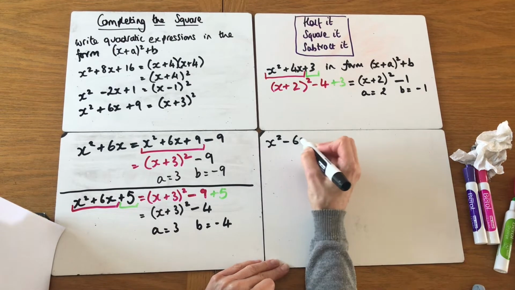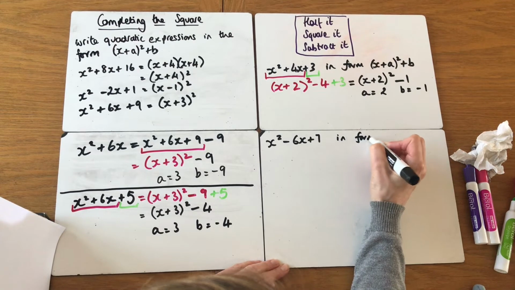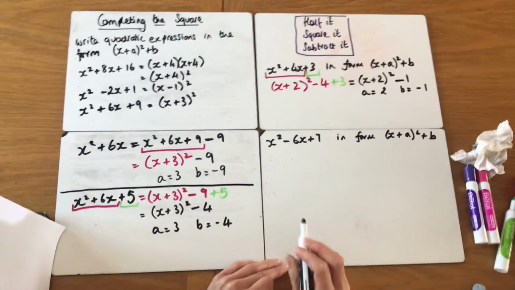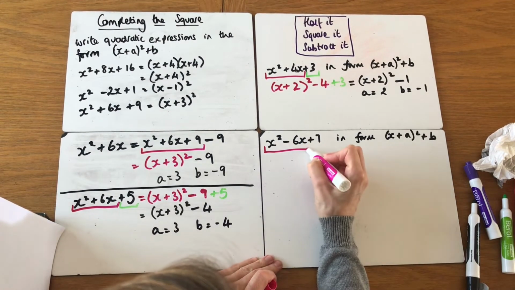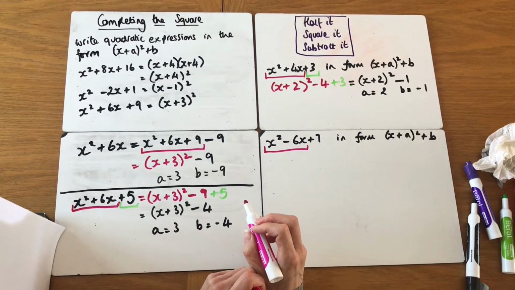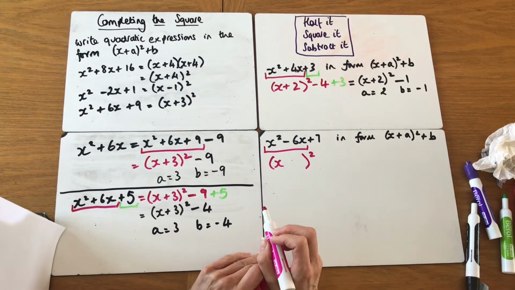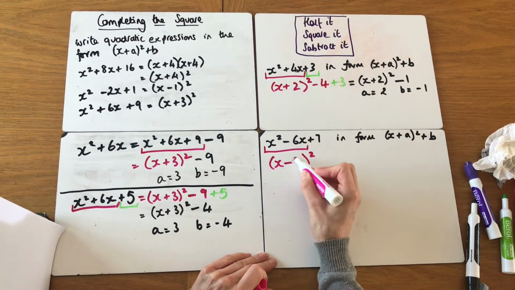X squared minus 6x plus 7 in the form x plus a all squared plus b. So we're starting off, find the equivalent to x squared minus 6x. So I start off by setting up my bracket with the squared. I think halve it. Half of minus 6 is minus 3.